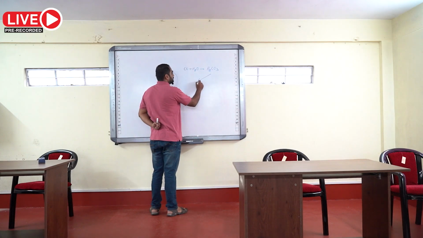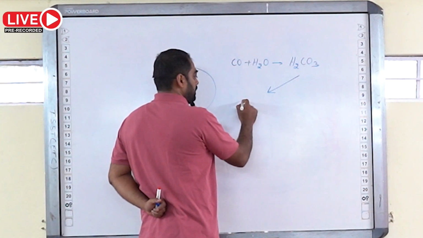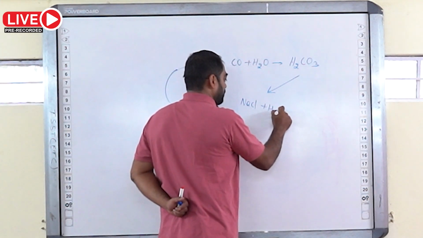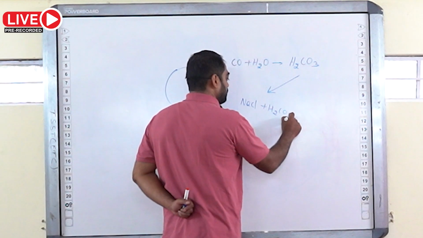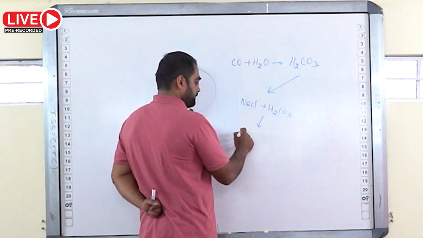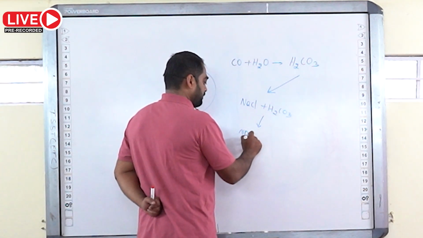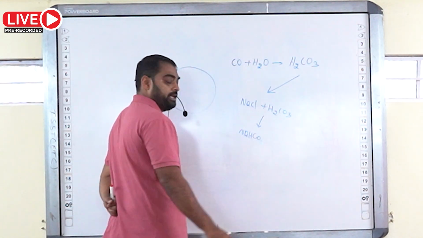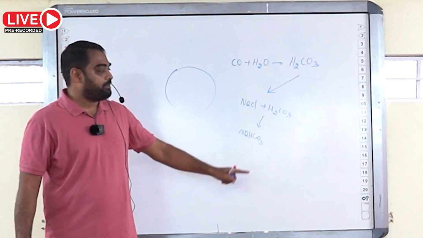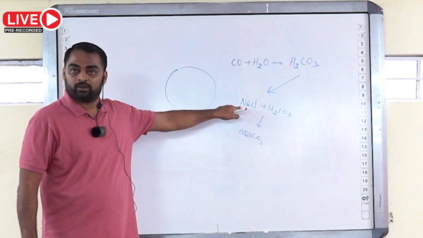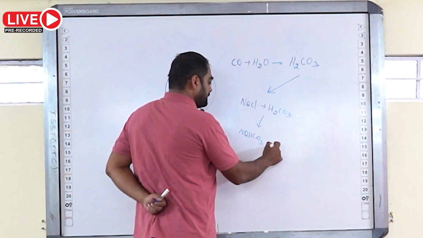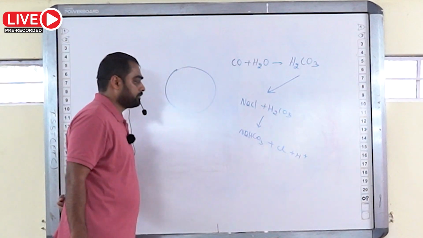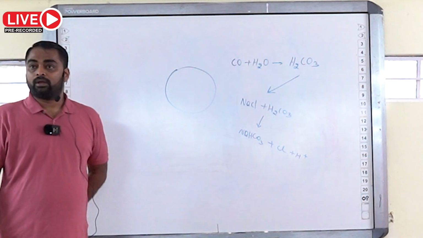Now this becomes NaHCO3, sodium bicarbonate. Same can happen with potassium chloride also. Sodium bicarbonate plus chloride plus hydrogen. Alright, hydrogen ion. Where is this happening?